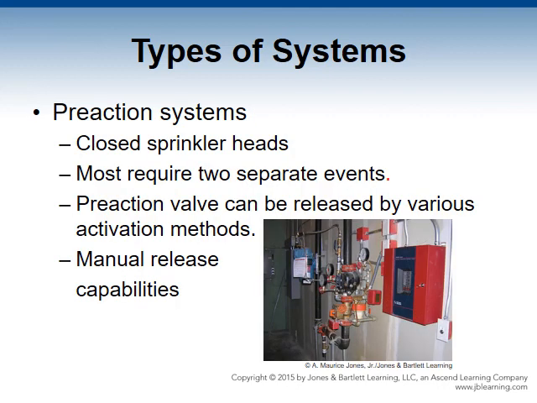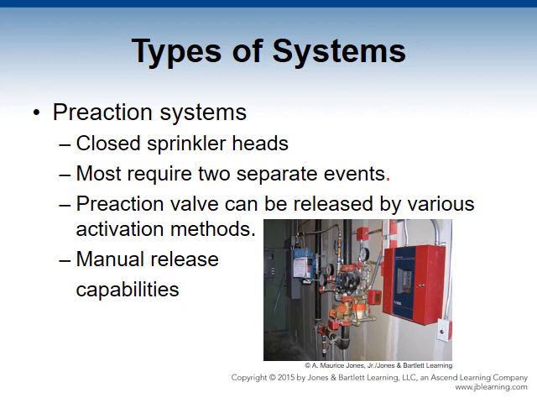Our next system is a pre-action system, which uses closed sprinkler heads like a dry pipe system, and under normal conditions there is no water in the system piping. They may have a low pressure as well as supervisory air in the piping.